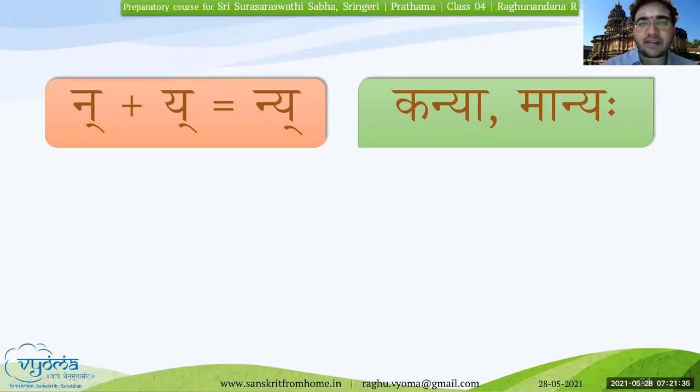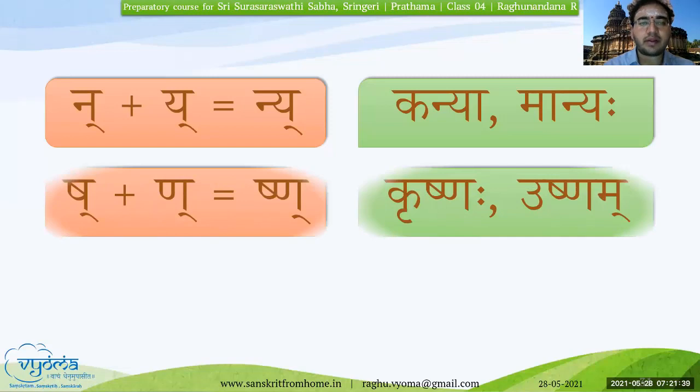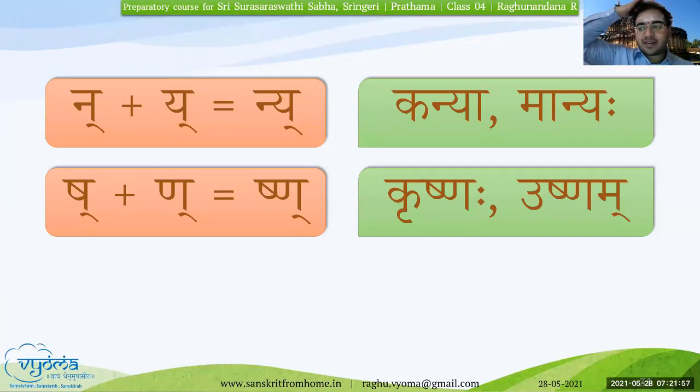So note down these aspects. We will also see a few more examples now. Similarly, we can consider one more letter combination, which is Shakara and Nakara, Sh and N, which becomes Shn. If you remember, Shakara also requires the pronunciation by rolling up our tongue, and Nakara also. Shn.